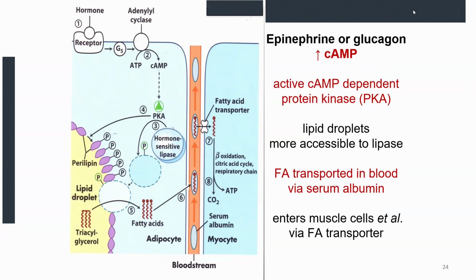Now, what those specific hormones are is not a high priority. You'll learn a lot about hormones and their interplay in metabolism. But you could think about hormones like epinephrine and glucagon as being involved in, well, let's turn on breakdown of this or let's turn off breakdown of this.